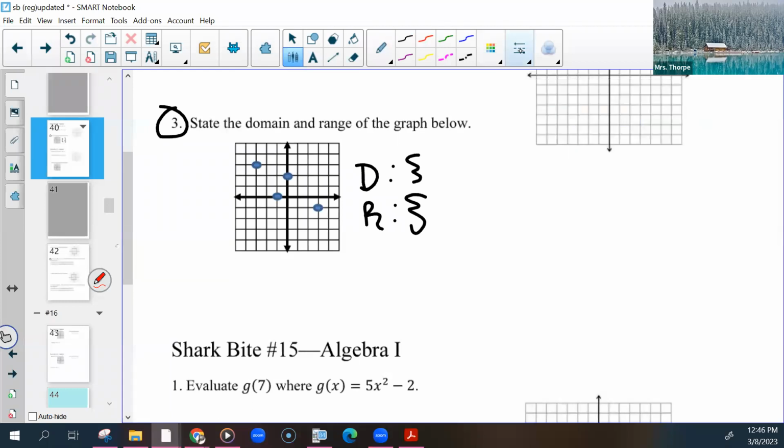So domain would be -3, -1, 0, and 3. And then your range, again, least to greatest would be -1, 0, 2, 3.